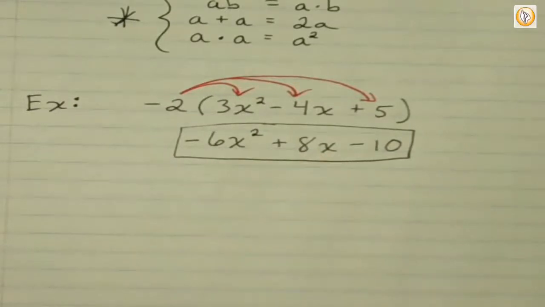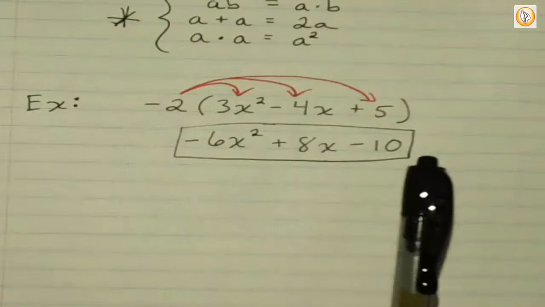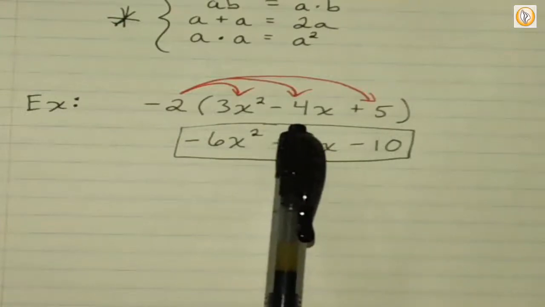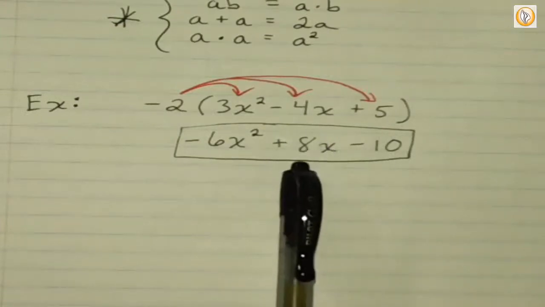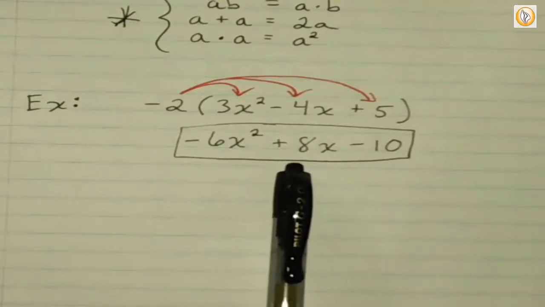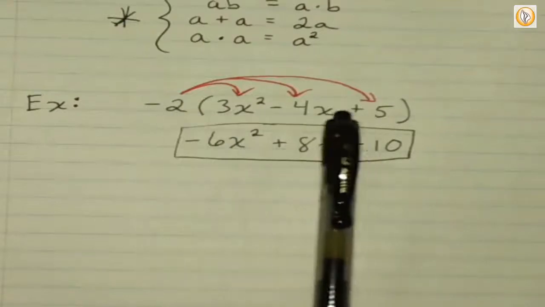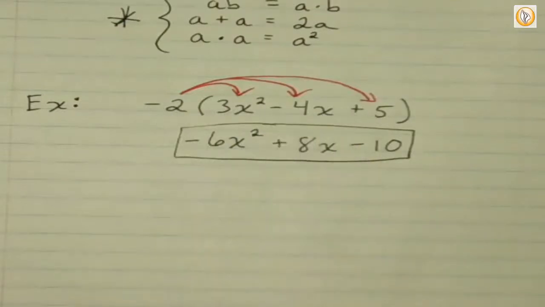What's another common mistake? Gabby? Okay, they mess up on the signs. Like, they'll say -2 times a positive 4x, and then put a -8x here. That's another common mistake. So you have to be careful with the signs, okay?